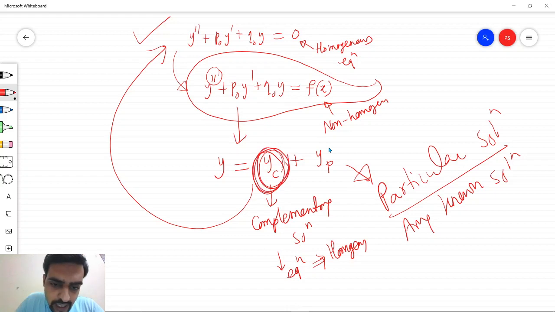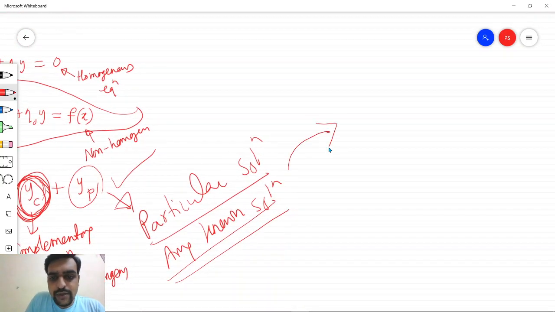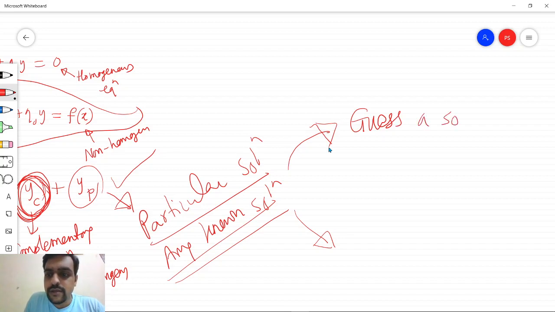So yc, how do we find out? That we have already learned. Now yp is yet to be learned. In order to find yp, there are typically two standard methods involved. The simplest method is to guess a solution or assume a solution.